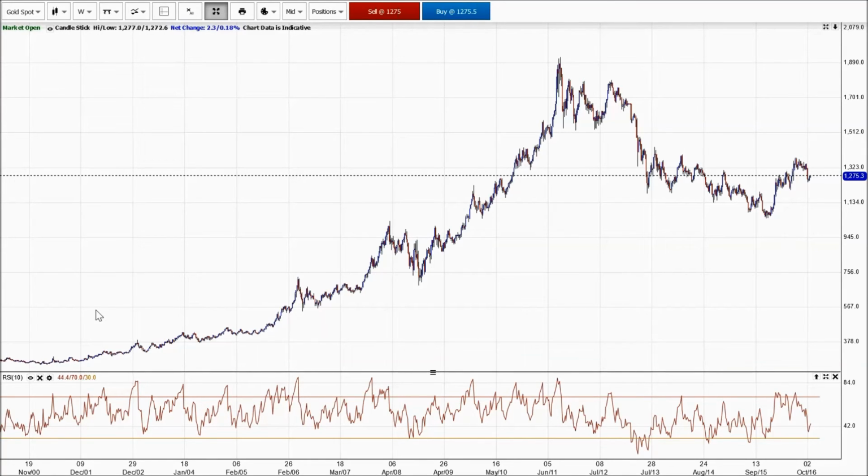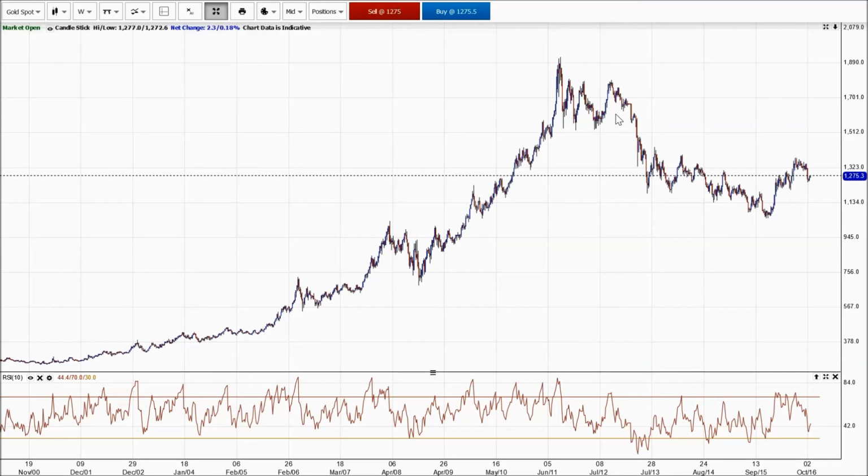A fact that often gets dragged up, but we saw the start of this fantastic run in the price of gold. A cracking trend, absolutely brilliant trend in the price of gold. But it stalled ahead of the $1,900 an ounce mark back in June 2011. And since then, the story for gold has been one of steady decline.